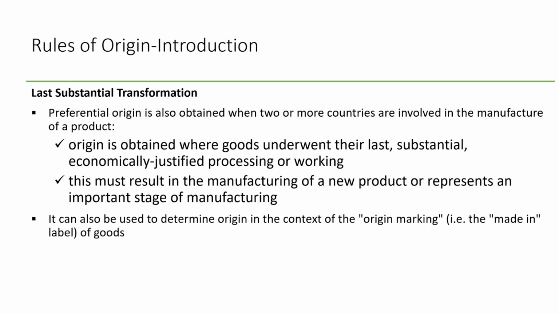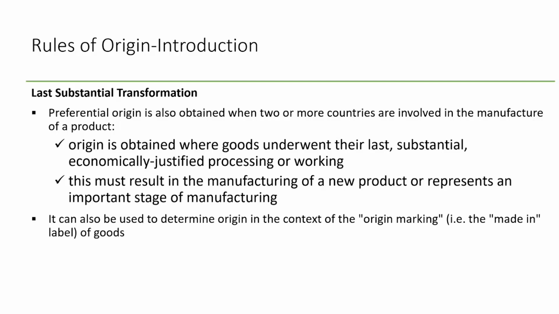So the origin of the goods is obtained where the goods underwent their last substantial economically justified processing or working. And this must result in the manufacture of a new product or represent an important stage of manufacture. And it can also be used to determine origin in the context of origin marking, for example, made in, i.e. goods.